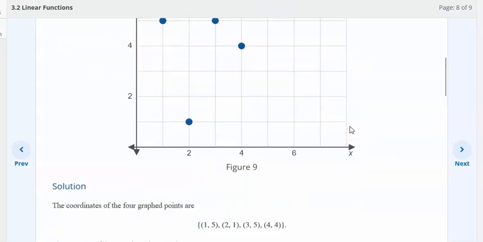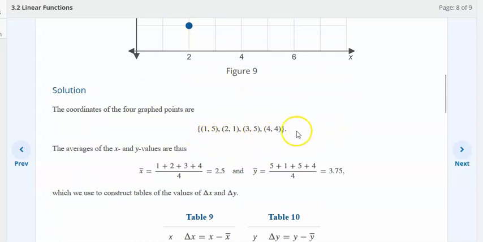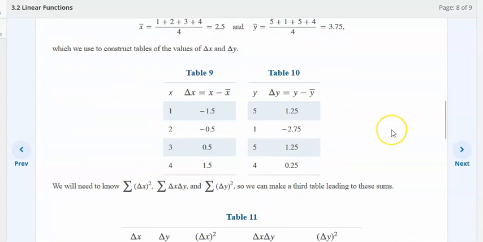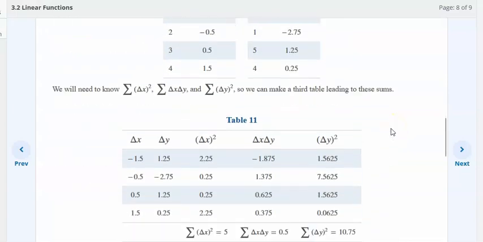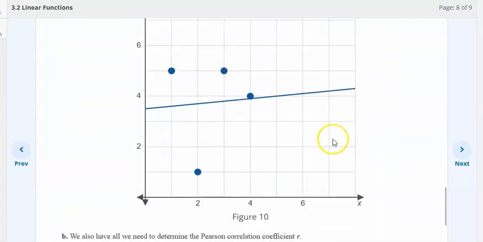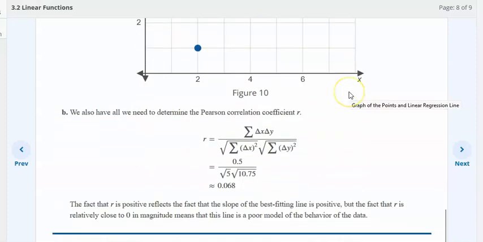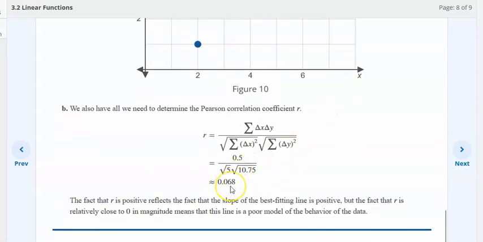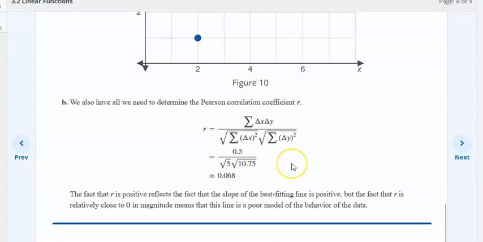Again, this one would be hard, but you get your ordered pairs, you find the mean, you set up your tables, put it into the formula, and they're saying that it's actually a slight positive slope, like 68 thousandths of a positive slope.